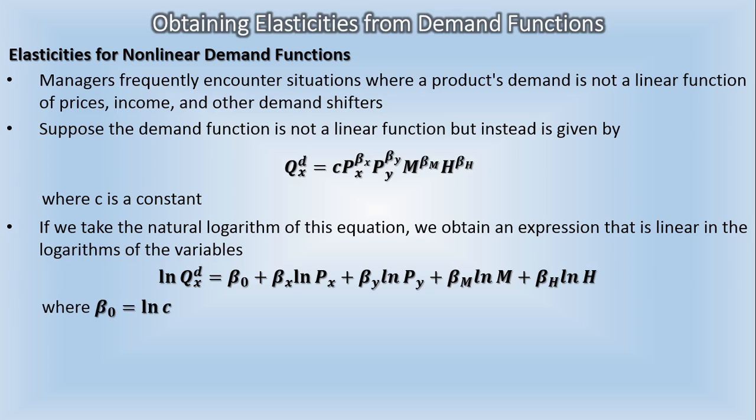In this case, beta naught is equal to the log of our constant, but our constant is a constant, so whether it's the log of a constant or a constant, it doesn't matter, so we just call it beta naught. And then we see that we've got the beta X in front of the log of PX, and that's the same form that we have for all the other variables. So this relation is called a log linear demand function.